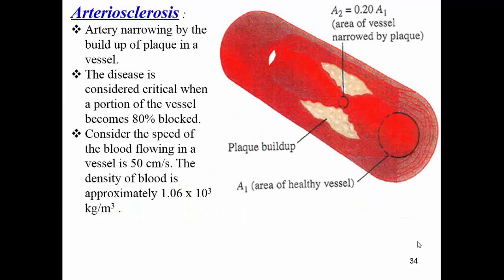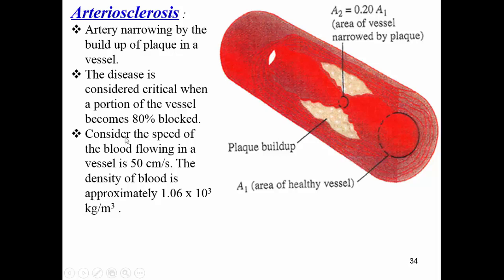Now, one of the applications of the Bernoulli principle in medicine is the case of arteriosclerosis, where an artery could be narrowed down by buildup of plaque in the vessel. This is especially critical when 80% of the vessel is constricted, meaning you are left with only 0.2, or 1/5, of the area of the vessel to channel the blood.